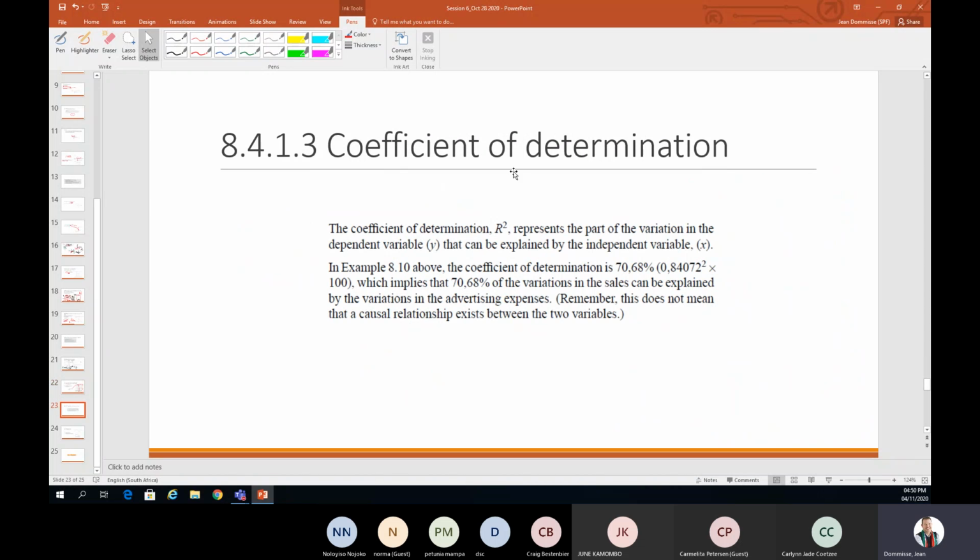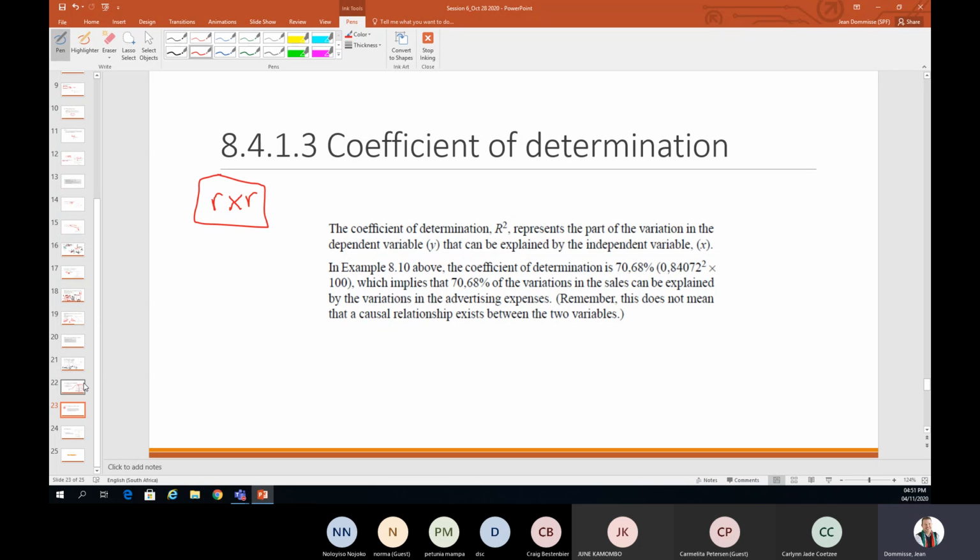Then the next one that they can also ask you about is the coefficient of determination. All that is, basically, whatever you calculated for R, because that was the Pearson correlation, you just multiply it by itself again.